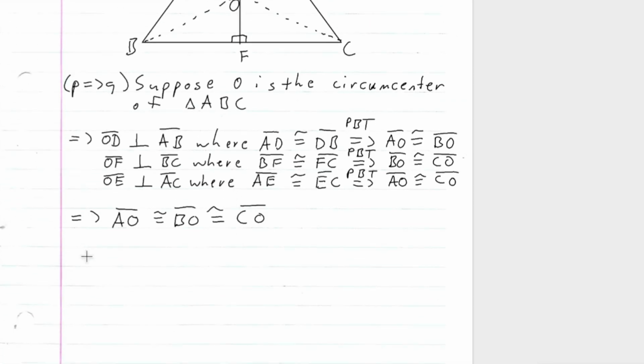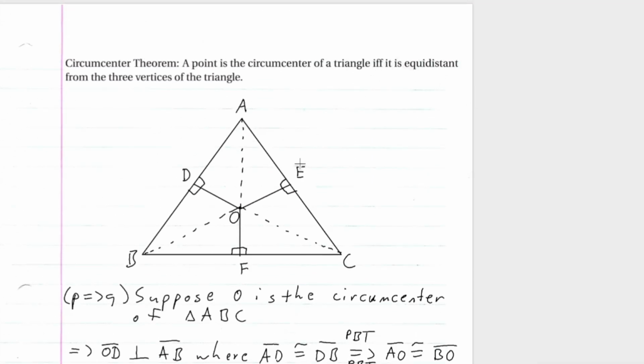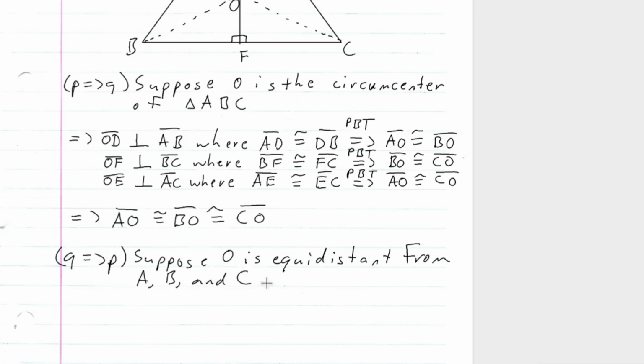So let's go ahead and do Q implies P now, right? So in this case, we're going to suppose that O is equidistant from the three vertices, right? So suppose O is equidistant from the three vertices A, B, and C, right?